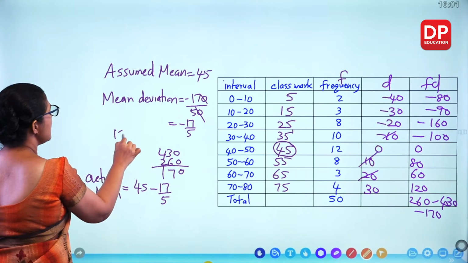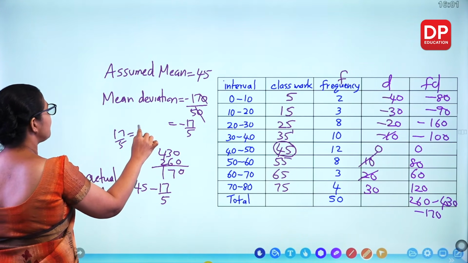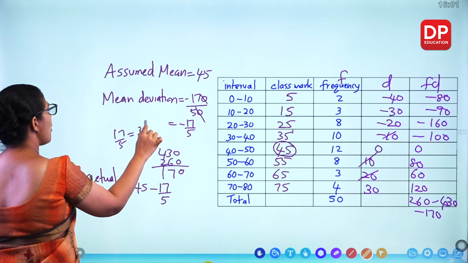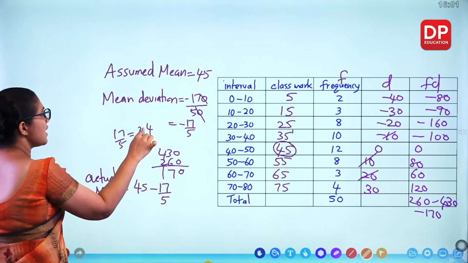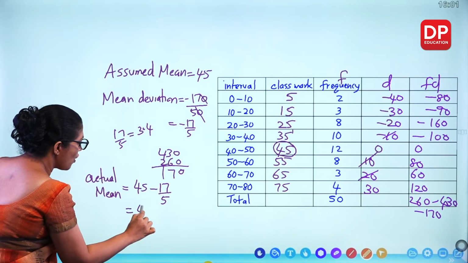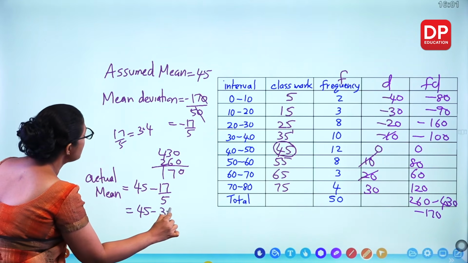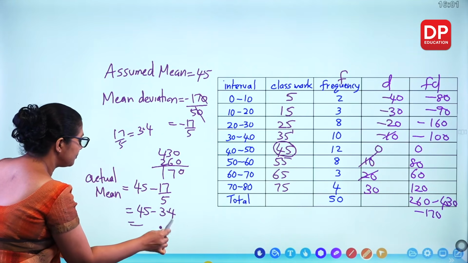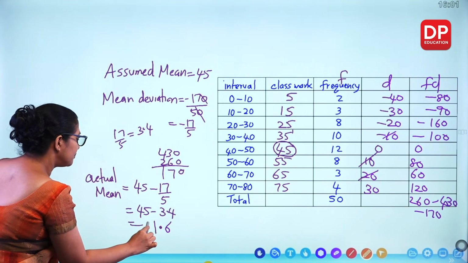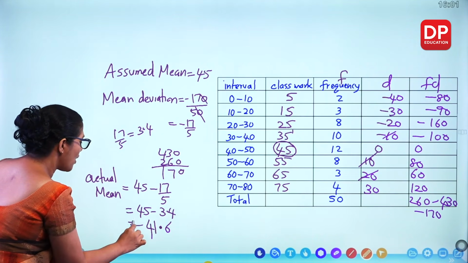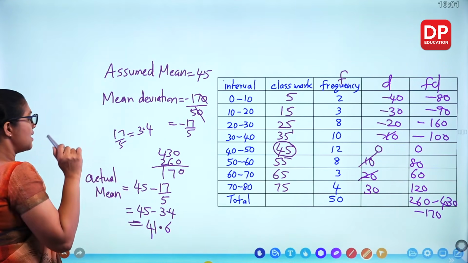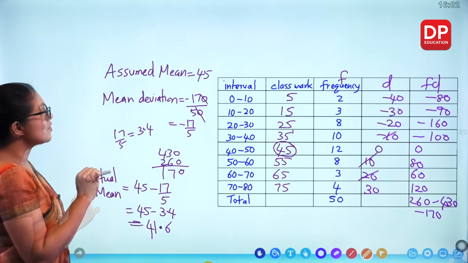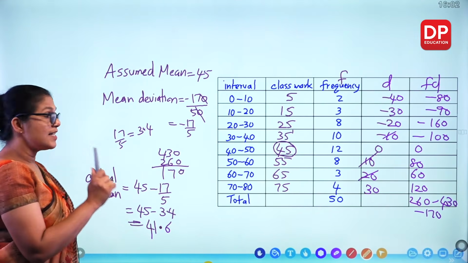What is 17 over 5 roughly? 3.4. So I'll take 3.4 here. 45 minus 3.4, you get 41.6 as the actual mean.